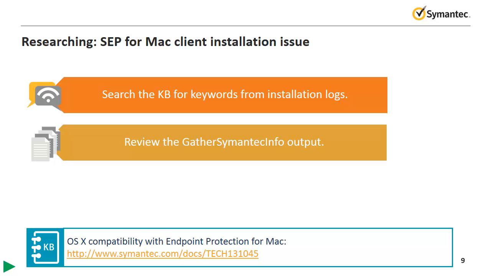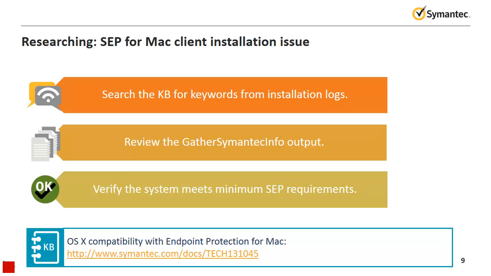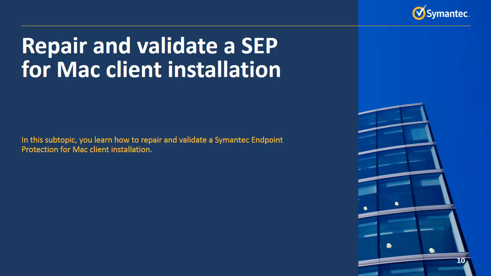If you ran a Gather Symantec Info, examine the results to identify what caused the installation to fail. Use the installation guide to verify the system meets minimum system requirements. You can also reference the KB listed on the screen to see which versions of SEP for Mac are compatible with the latest operating system.